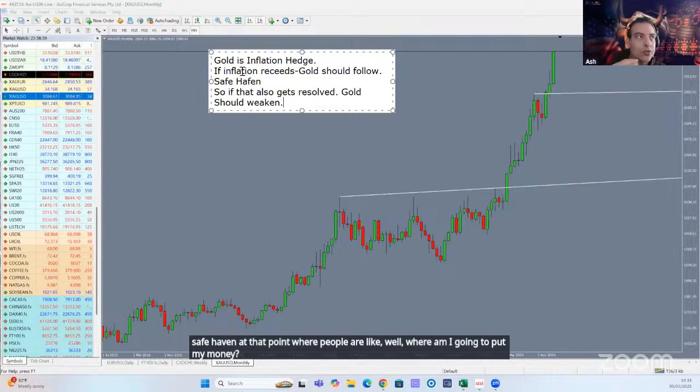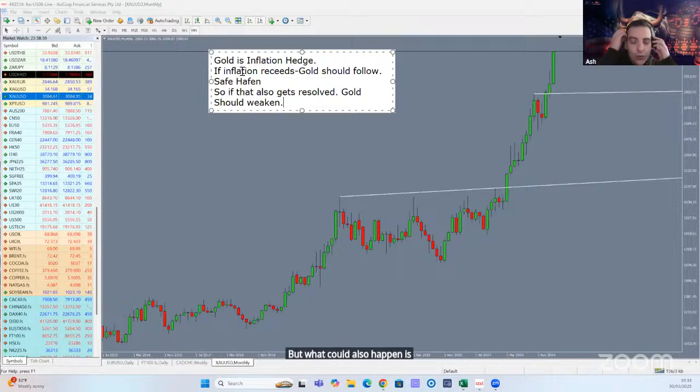But what could also happen is the economy goes into recession and asset values like the Nasdaq and the S&P start to tank. Where are people going to get money from to buy those assets back when it hits the sweet spot? They're going to sell assets they've already got, like gold. So this is one of the reasons that we're watching out for this recession.